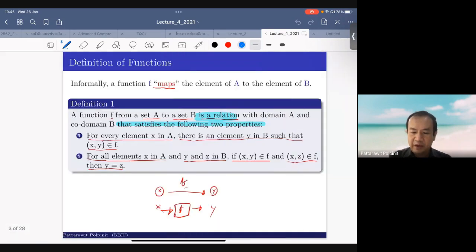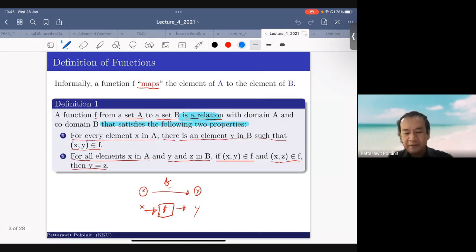And we discussed the definition of functions. For a relation to be a function, it has to have two very important properties, which I'm not going to repeat here. Basically, every element in the domain of that relation has to have a relation to some element in the range or in the codomain of that relation.